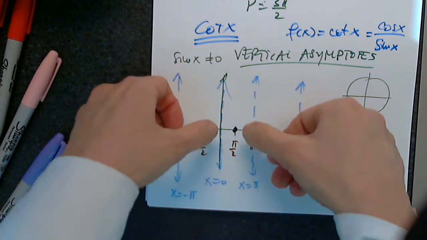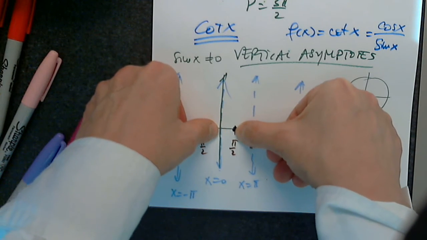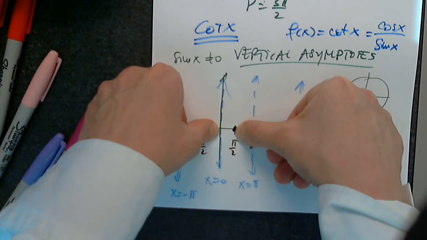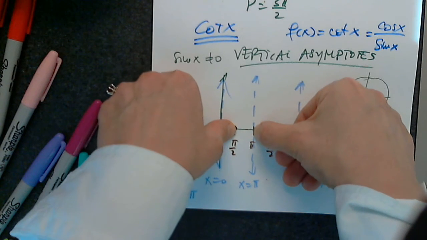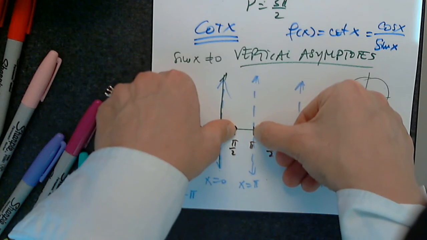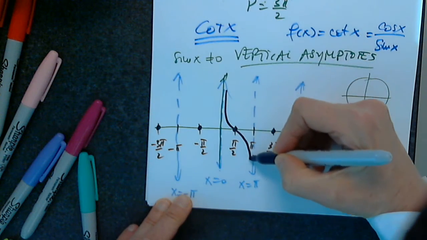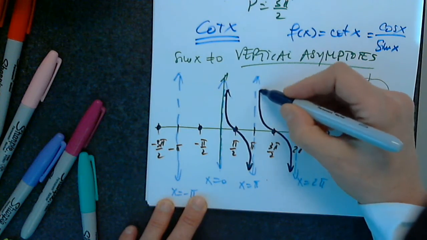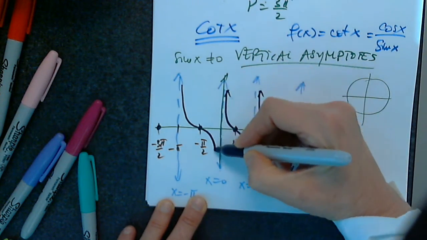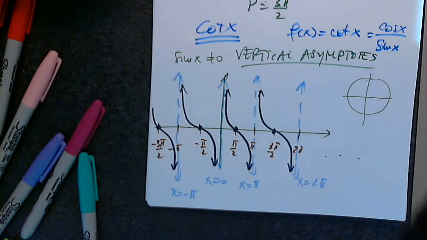Now I would like you to tell me which quadrant is this. The first. What will be the sign of cotangent in the first quadrant? What quadrant is this? Second. Which will be the sign of cotangent in the second quadrant? Very good. That's how we remember it.